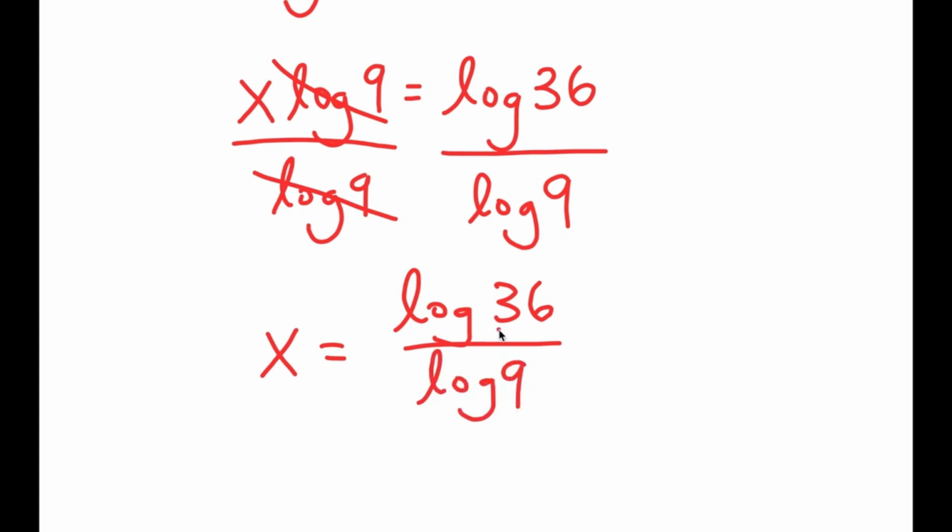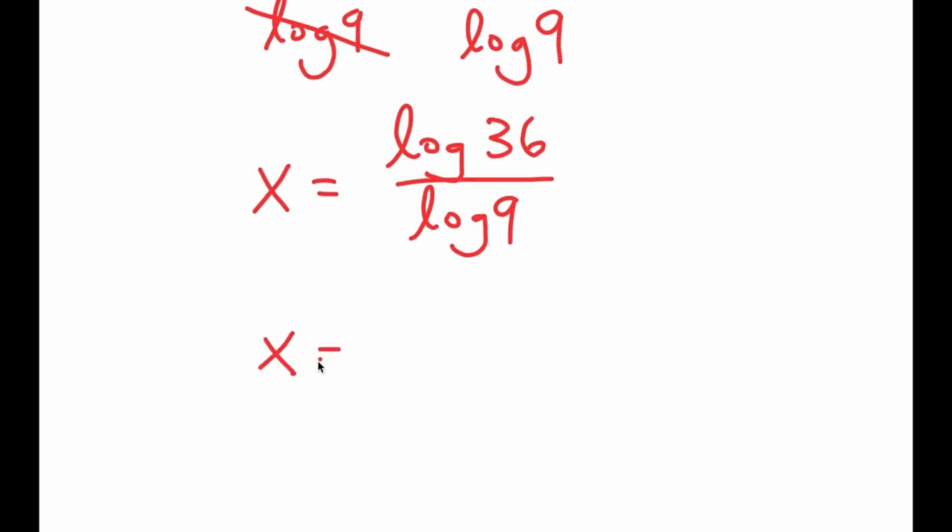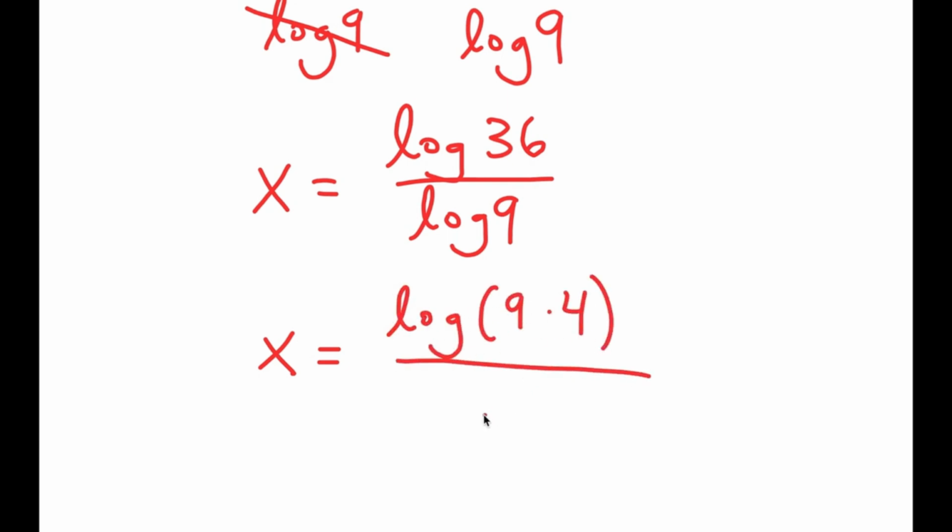Now, we aren't done yet because we want to find the exact value of x, so we don't want any logarithms in our solution. So now what I'm going to do is I'm going to rewrite log of 36 as log of 9 times 4 because I just want to simplify log 36.